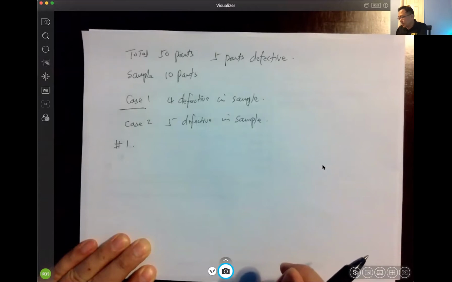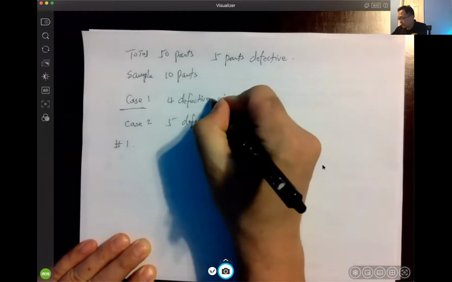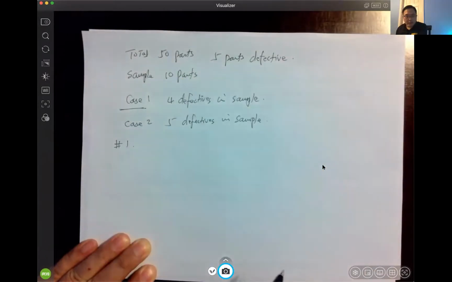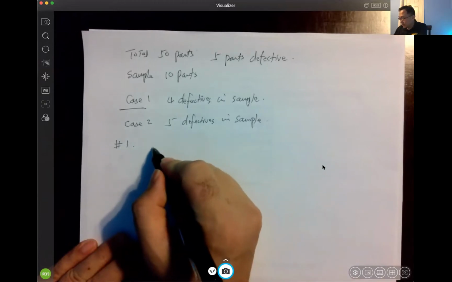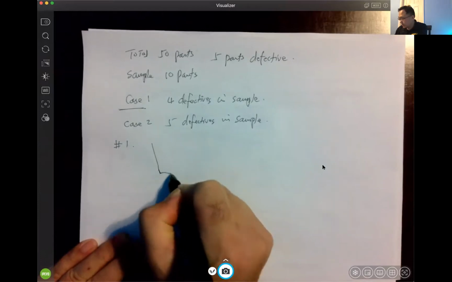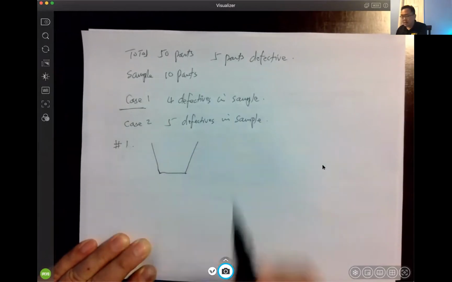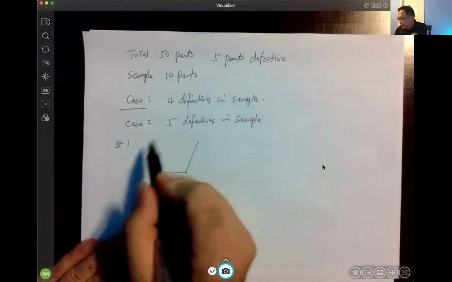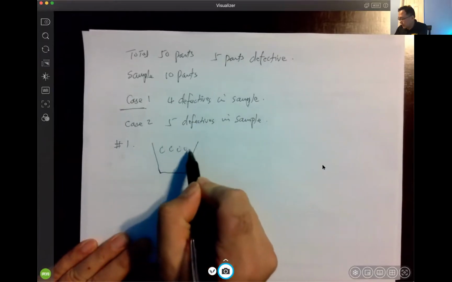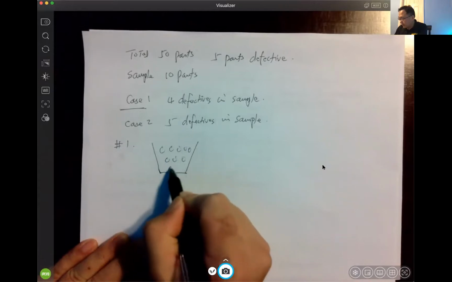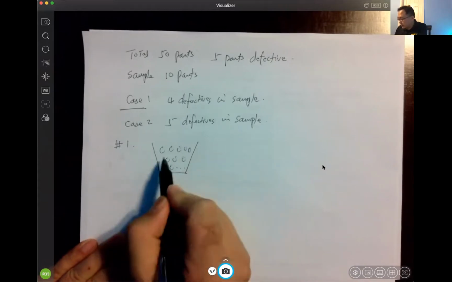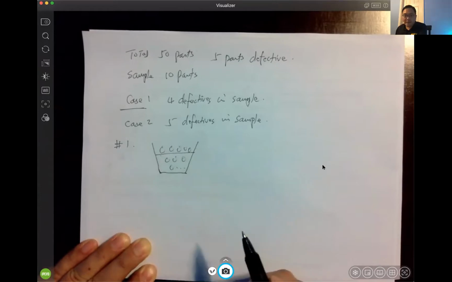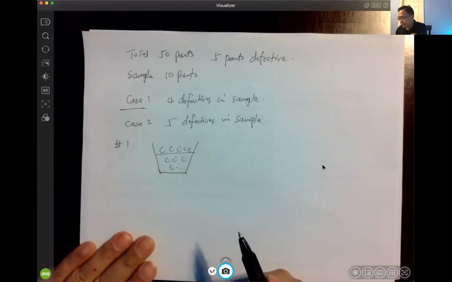Okay. Now, for case 1, how many ways could I have 4 defectives in the sample of those 10 parts? Again, you can think about there's an urn. It has 50 parts, but 5 of them are defective.